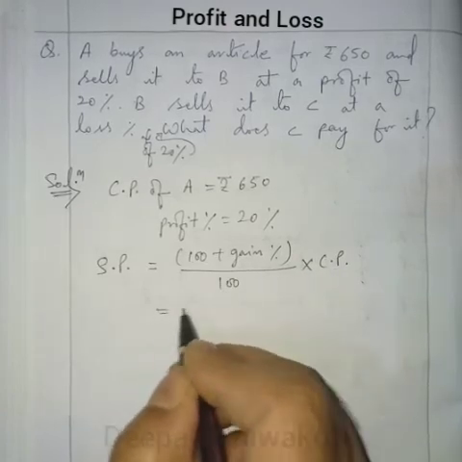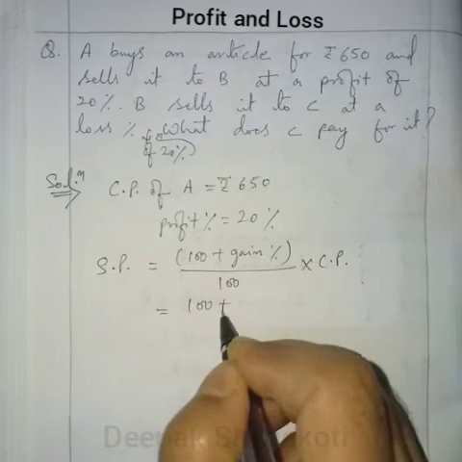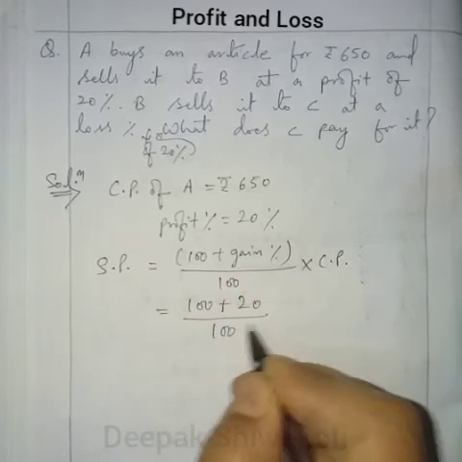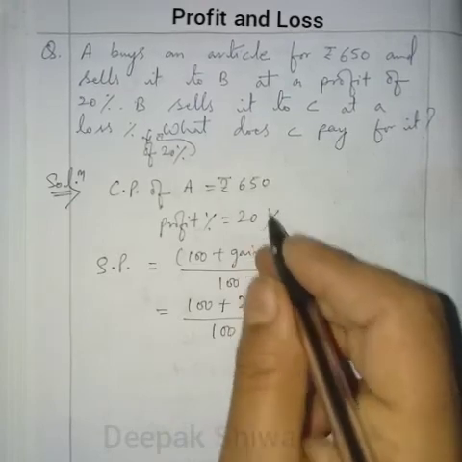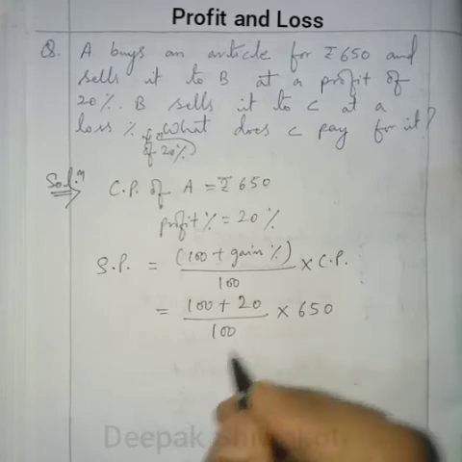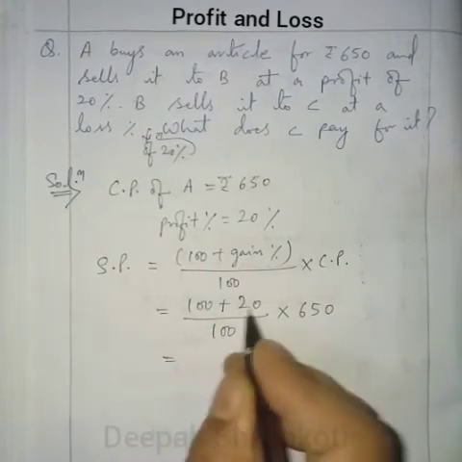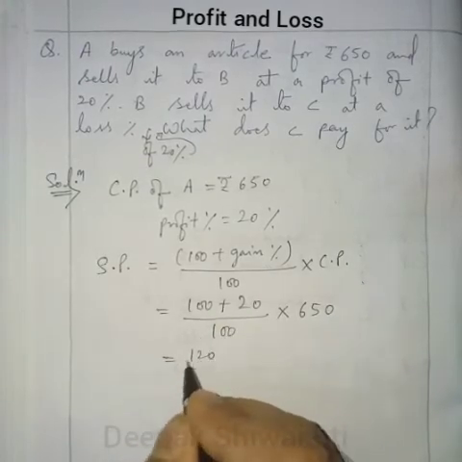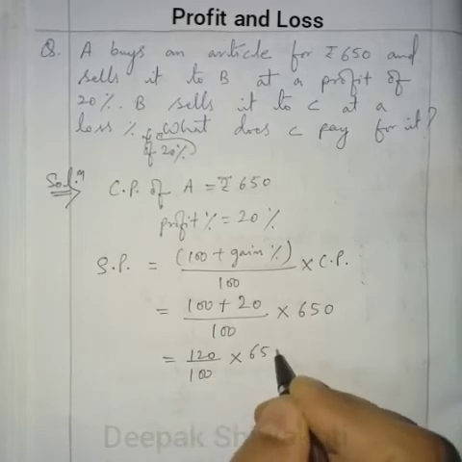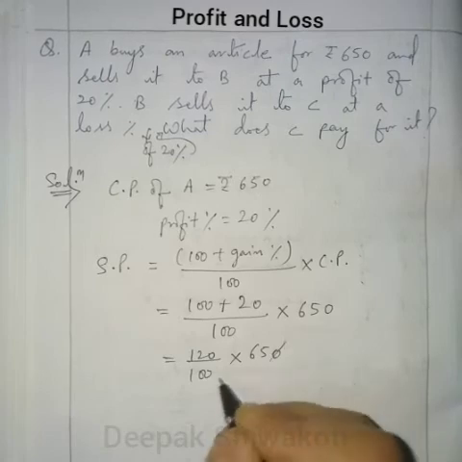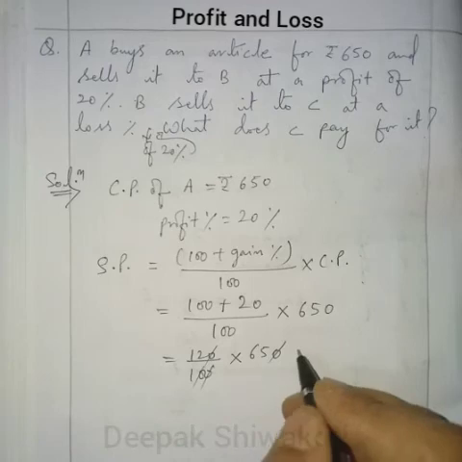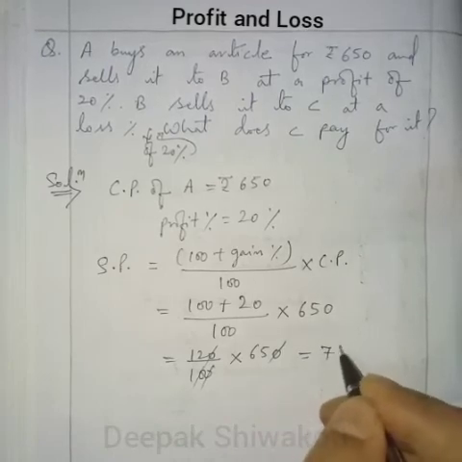So in place of this gain percent we'll put the value, that is 20%. 100 into CP is 650, and here adding these two we'll get 120 by 100 into 650. This 0 cancel, this 0 cancel. 12 into 65 we'll get 780.